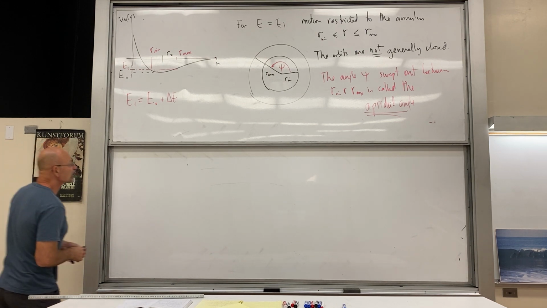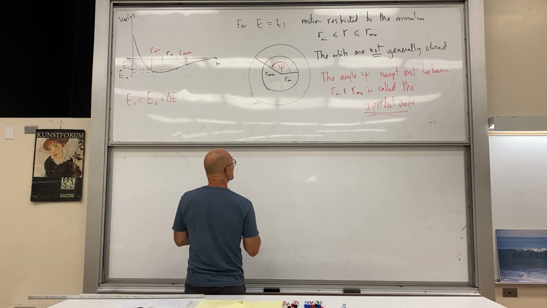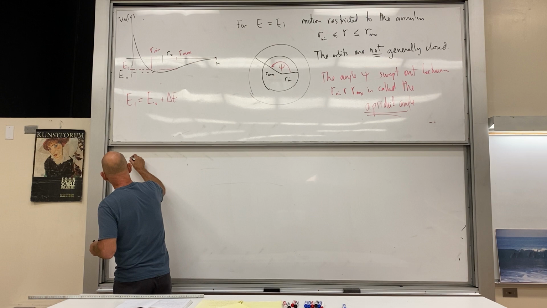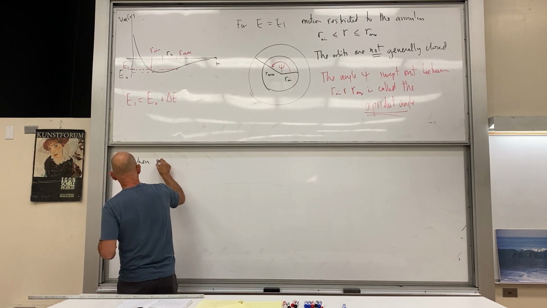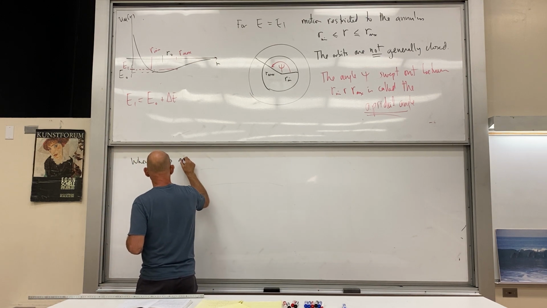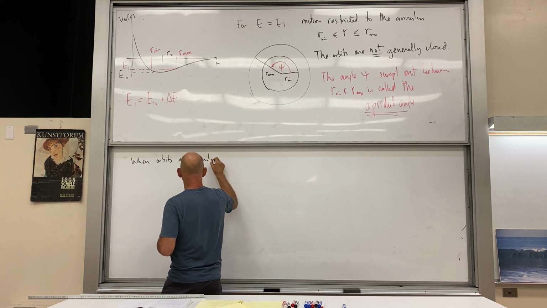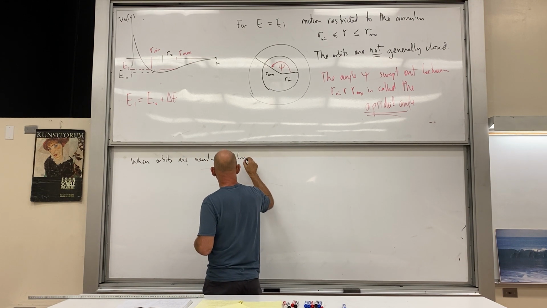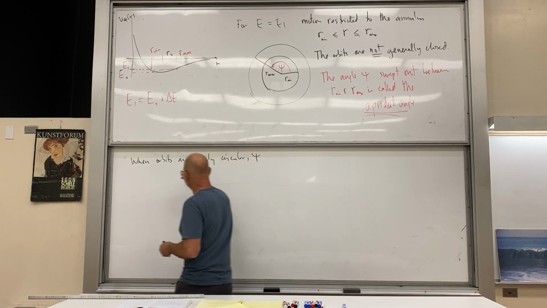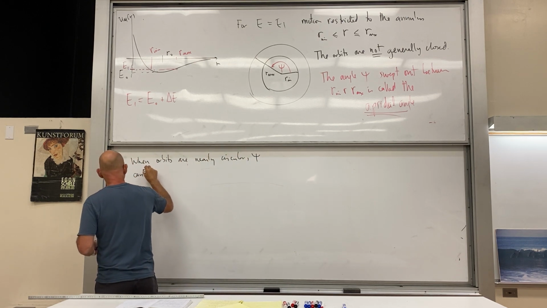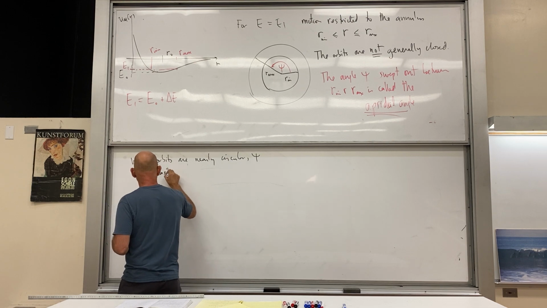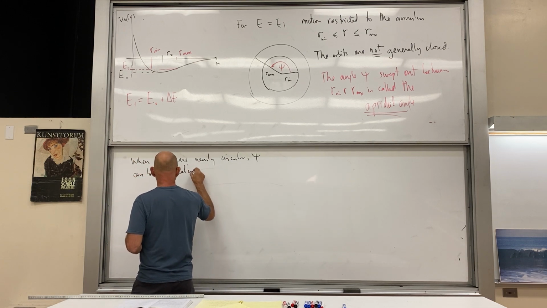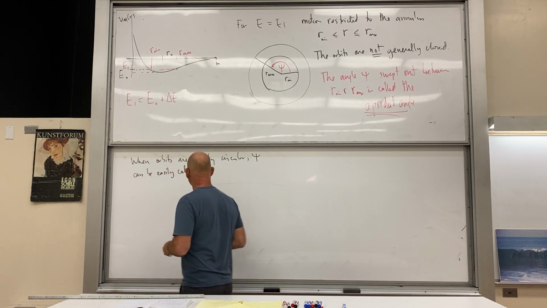So, nearly circular orbits. When orbits are nearly circular, the apsidal angle can be easily calculated.